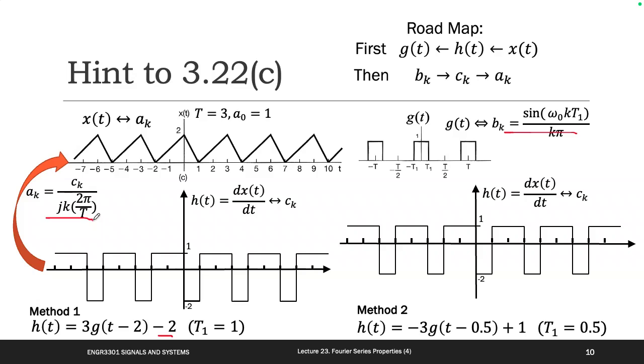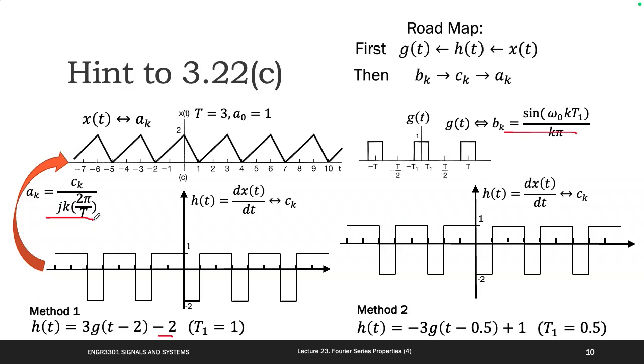Then you try to find the HT. Usually the HT will be the derivative of XT or the integral of XT. And then after that, you just get the FS coefficient for HT, right? And then from BK, you can get CK. From CK, you can easily get AK based on all the properties. That makes sense to you? Okay, any questions so far?